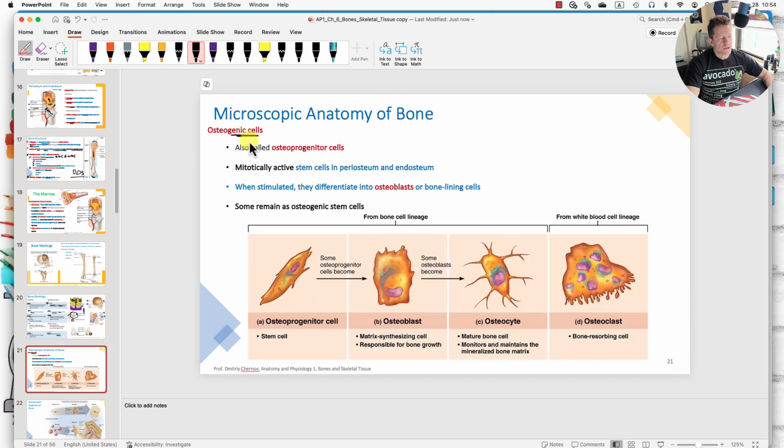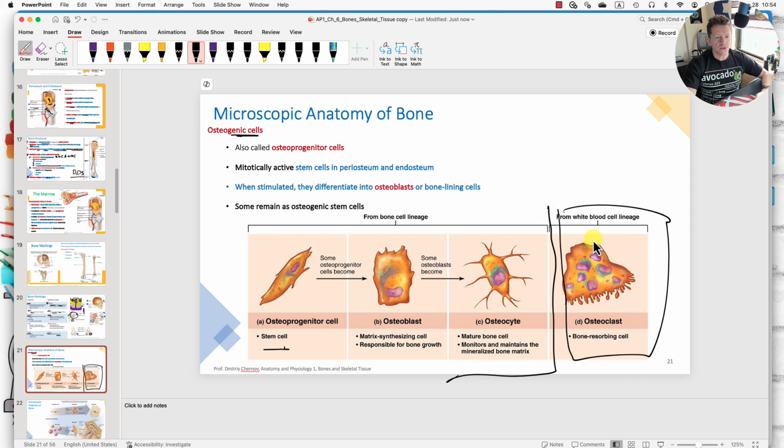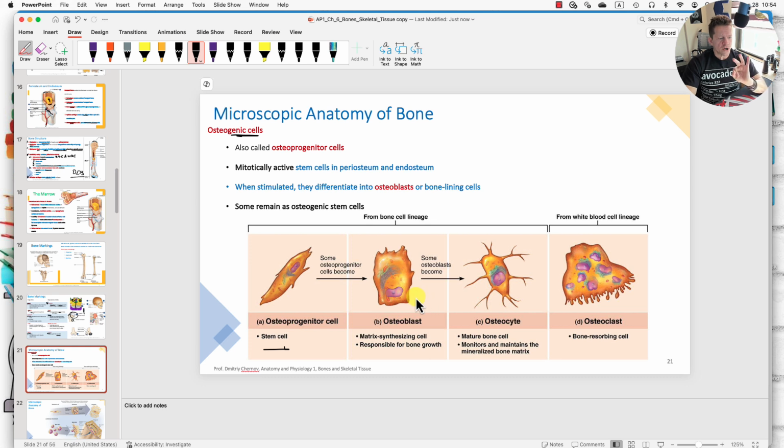Osteogenic cells. There's an osteoprogenitor cell, a stem cell that gives rise to other cells of this family, right? And this cell belongs to another family, but it's crazy important. So let's concentrate on these three cells. The osteoblasts are matrix synthesizing cells, right? Producing cells, like blasting, osteoblasts.